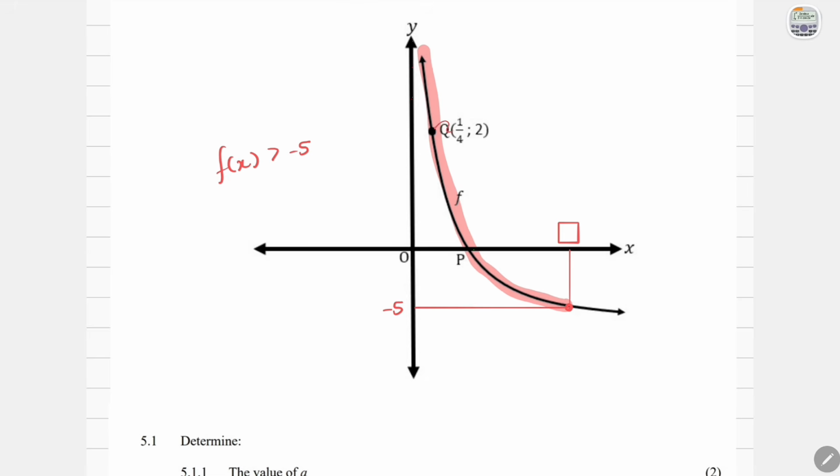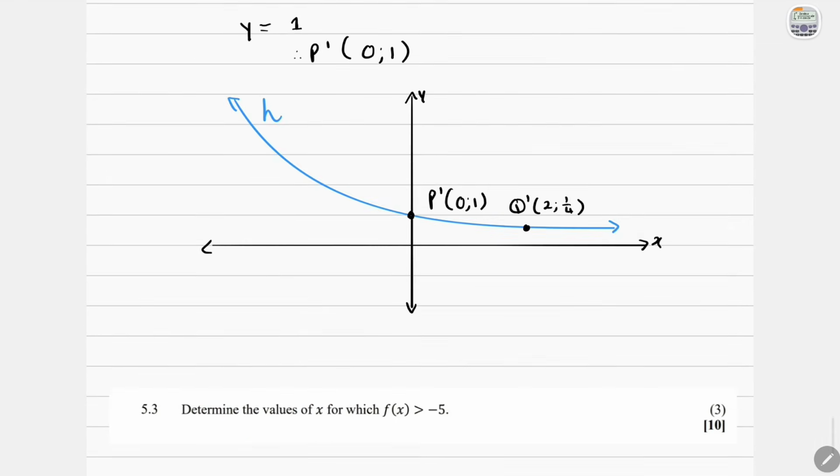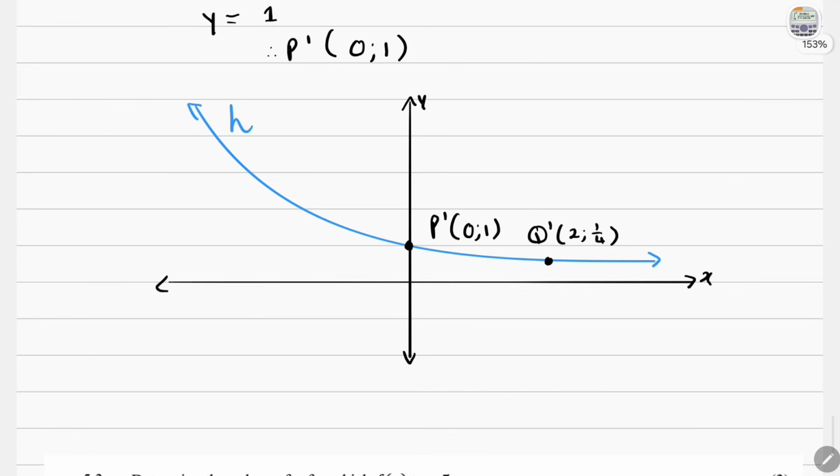If you take any point and line it to the y-axis, it will be greater than negative 5. So everything above there. But there's one more thing you need to note. Because this is a log function, and we saw what the exponential graph looked like, this actually has an asymptote.